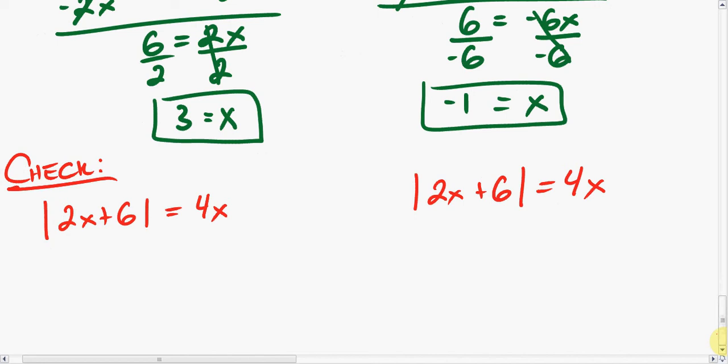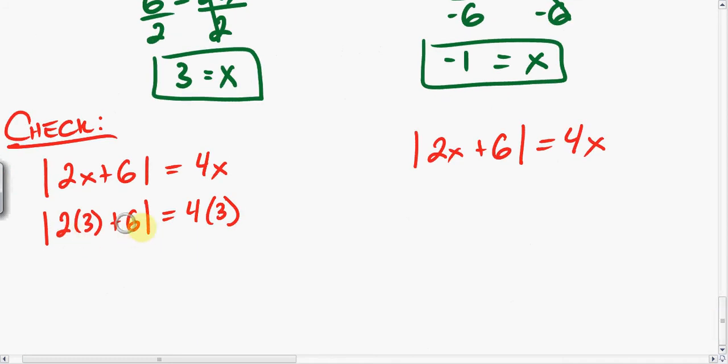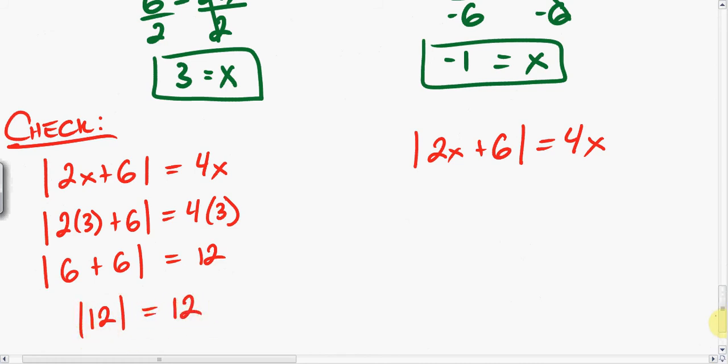So let's start here with x equals 3. I'm going to plug 3 in for x. So we've got the absolute value of 2 times 3 plus 6 equals 4 times 3. I'm going to evaluate both sides of the equation independently from each other. 2 times 3 is 6, drop down the other 6, equals 4 times 3 is 12. 6 plus 6 is 12, so we've got the absolute value of 12 equals 12.